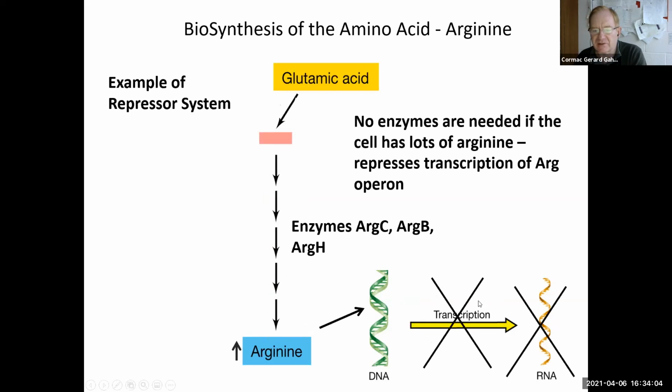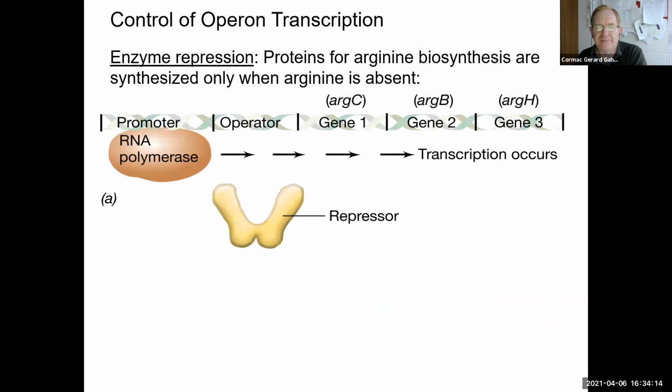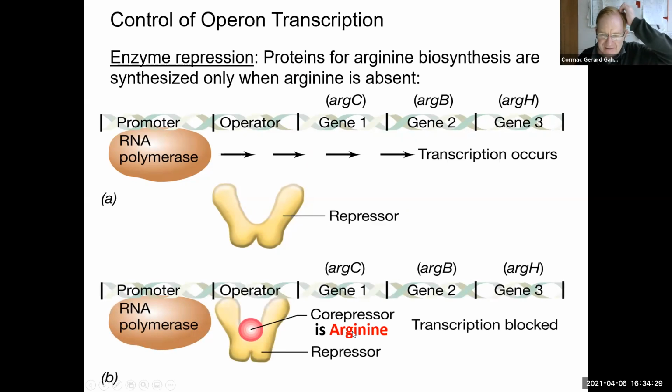This means no more messenger RNA, no more protein, and this is the regulation of arginine synthetic enzymes. And what actually happens in the cell is this: there exists in the cell an arginine repressor here. And this repressor is actually activated by the binding of the co-repressor, which is arginine.